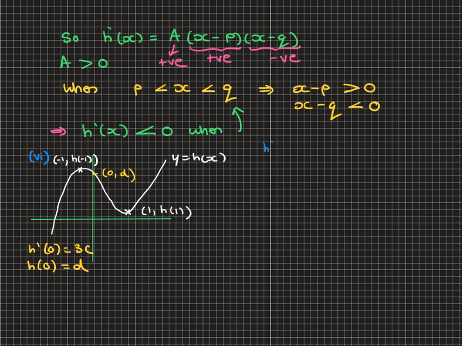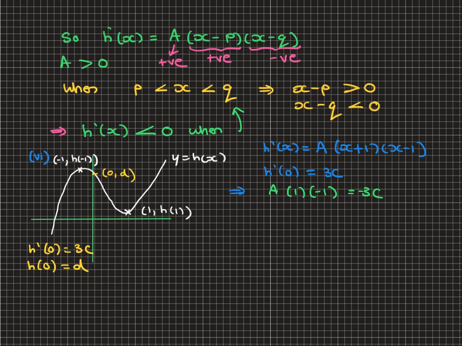And we know that h dash of x is equal to a, which is some kind of constant, times (x + 1)(x - 1), because we need to get turning points or stationary points at -1 and 1. Now, we're also told that h dash 0 is equal to -3c. So let's substitute in x equals 0, and that gives us a multiplied by 1 multiplied by -1 equals -3c.